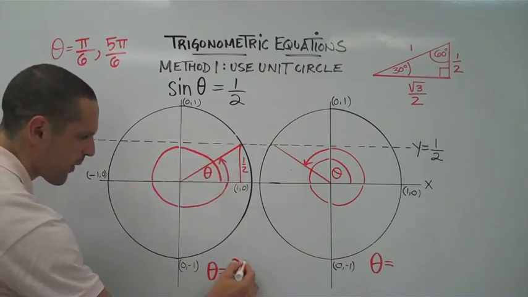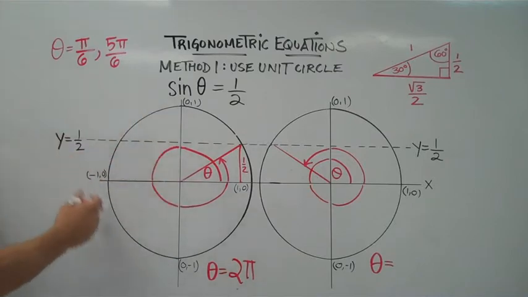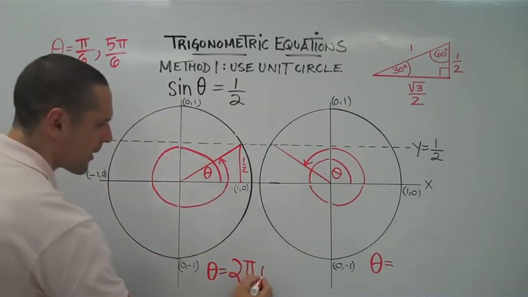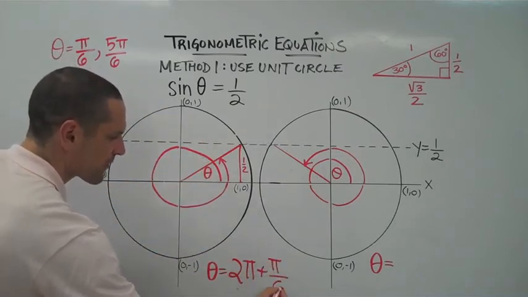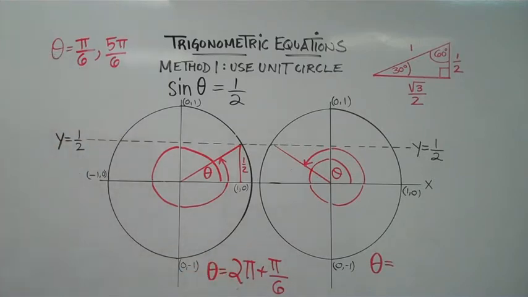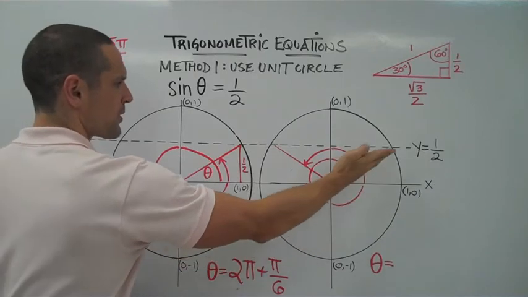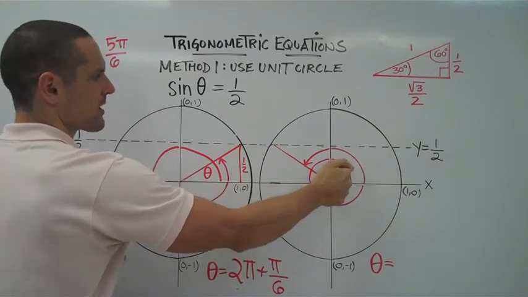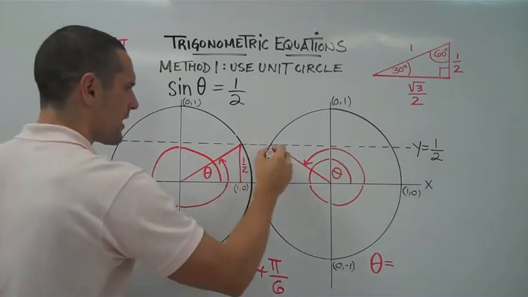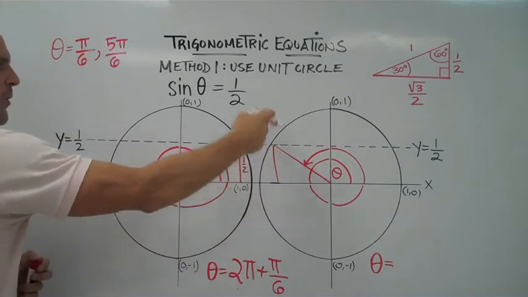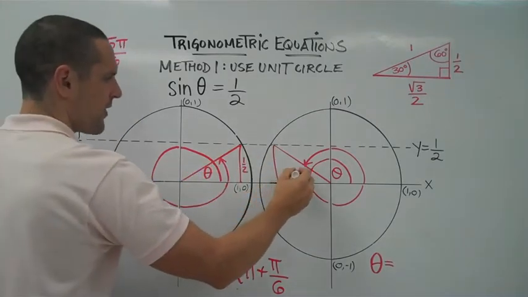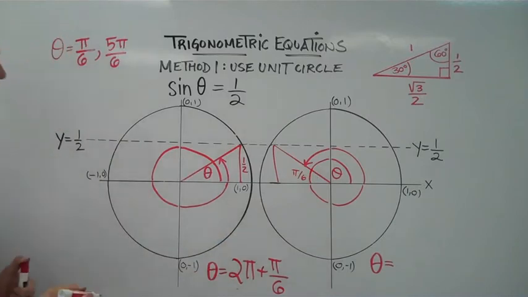It's going to be 2 pi, which represents one rotation around the circle, plus 30 more degrees, or plus pi over 6 more.